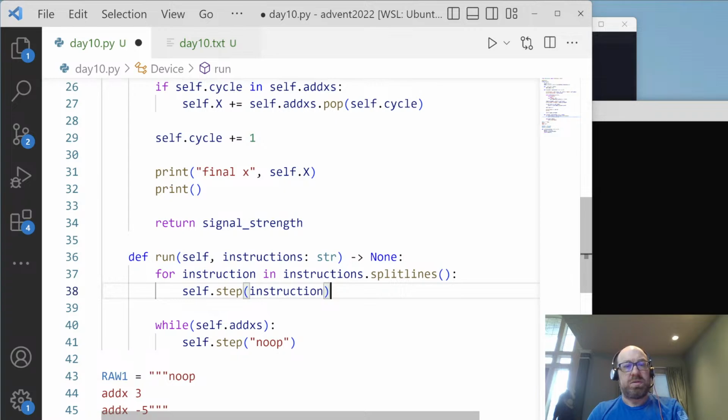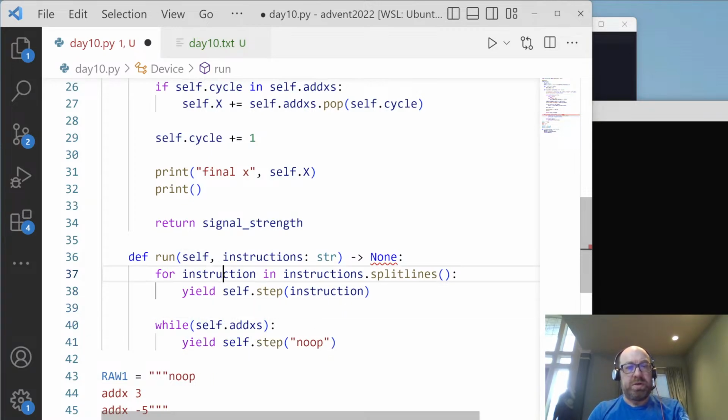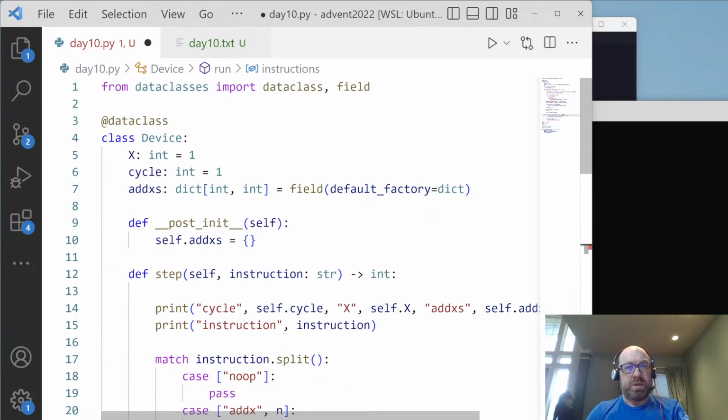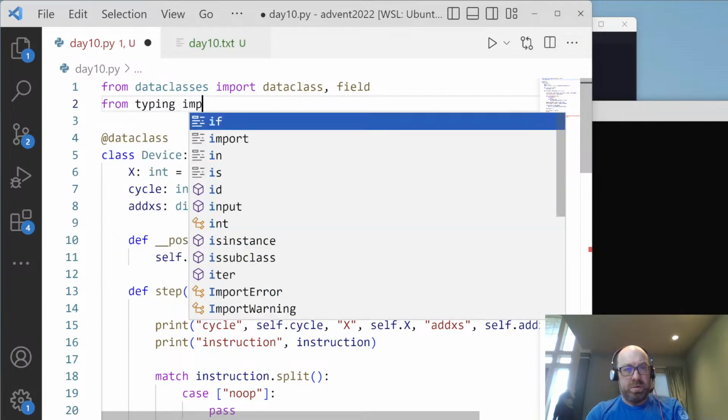Self dot, let's say, so now we can make this an iterator.